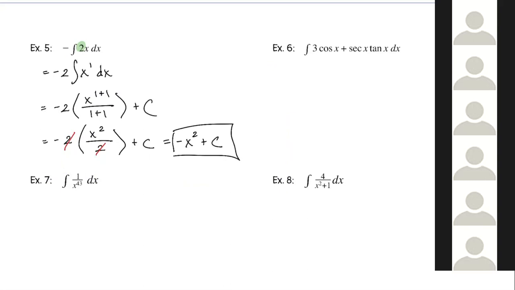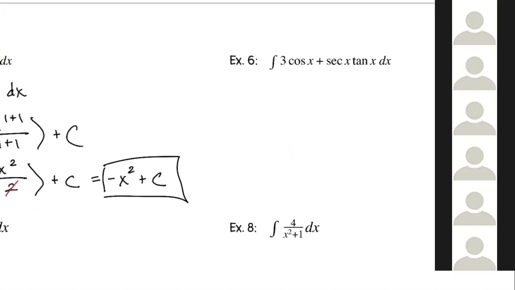Okay. All right, now for example 6, we might notice that there is a sum here, which allows us to split into 2 different integrals. And so we could write this as the integral of 3 cosine x dx plus the integral of secant x tangent x dx.